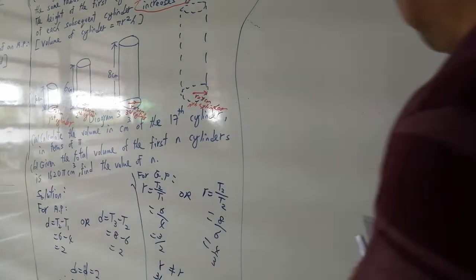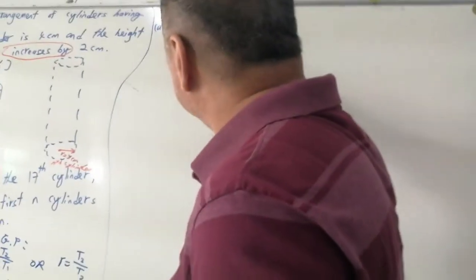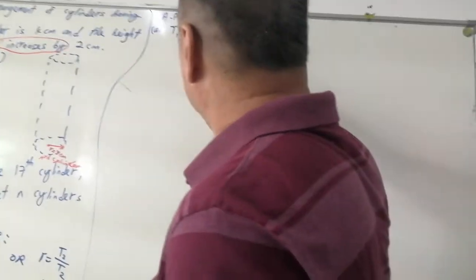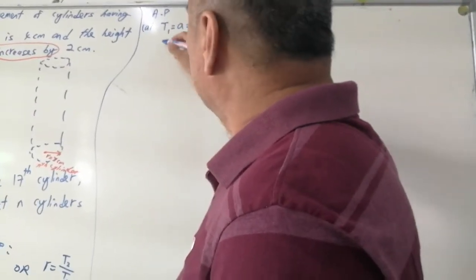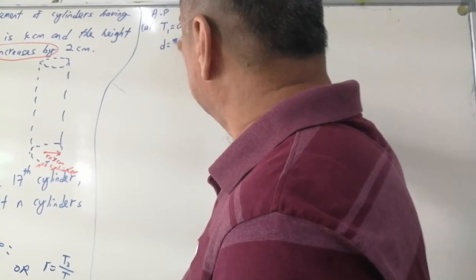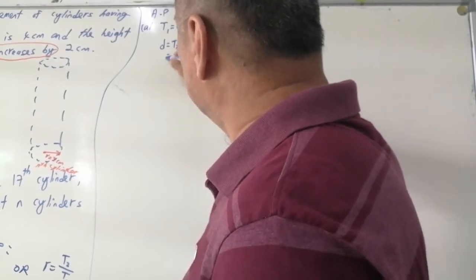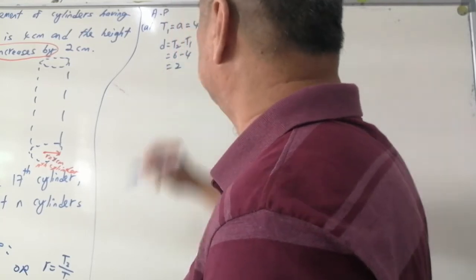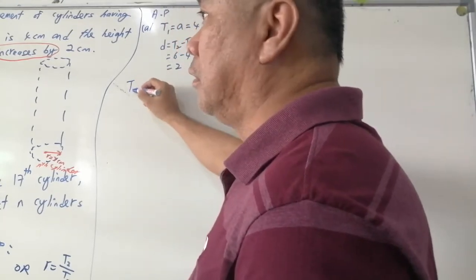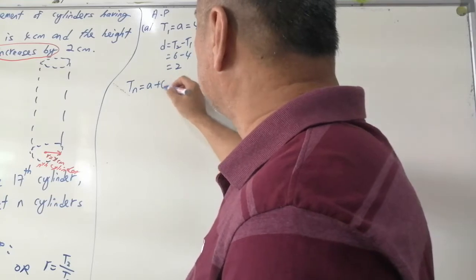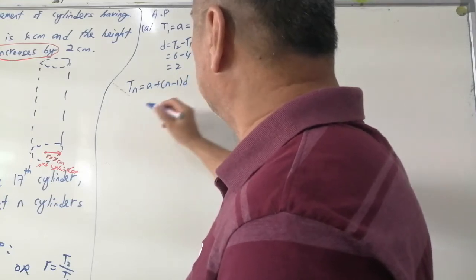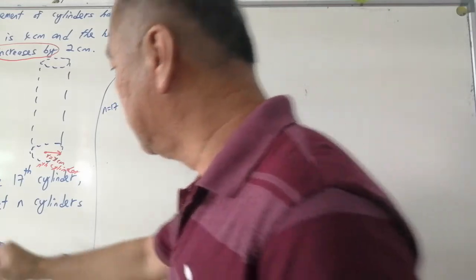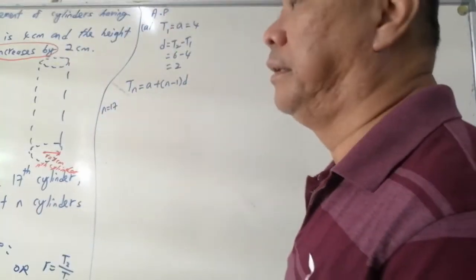Now, the first term a equal to height equal to 4 cm. Your common difference is T2 minus T1 equal to 6 minus 4, which is 2. Then Tn equal to a plus (n minus 1)d. So n now is 17, because they ask you about the 17th cylinder.